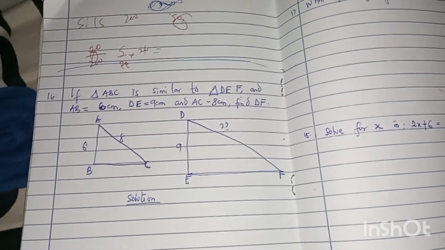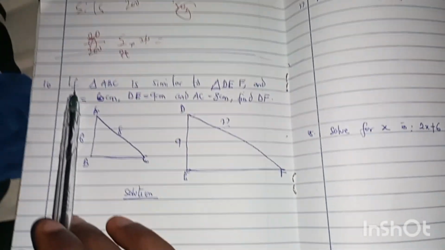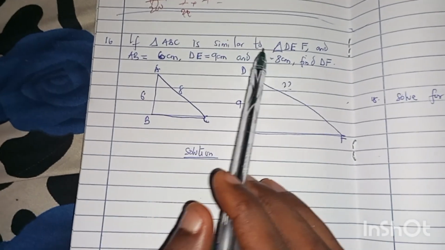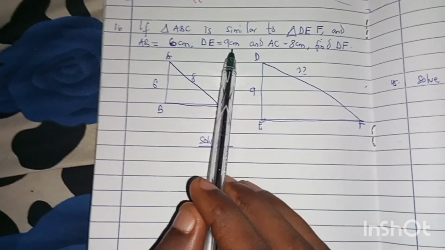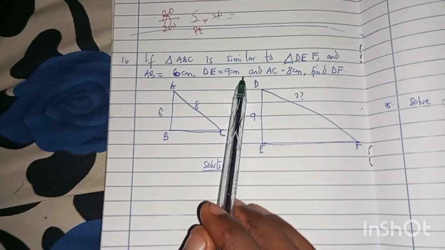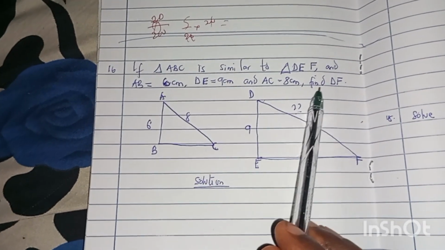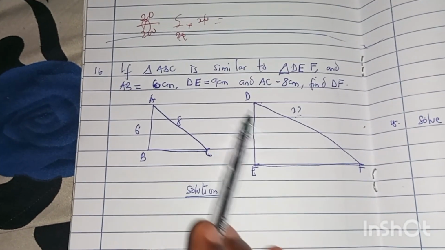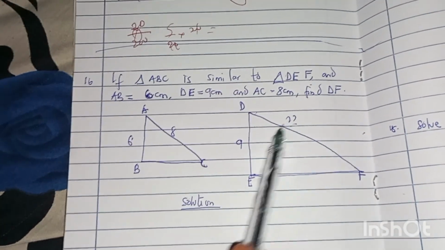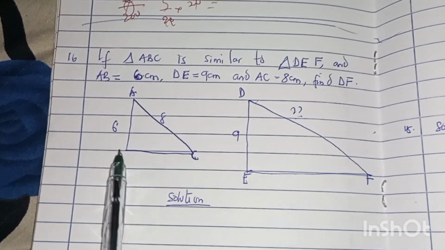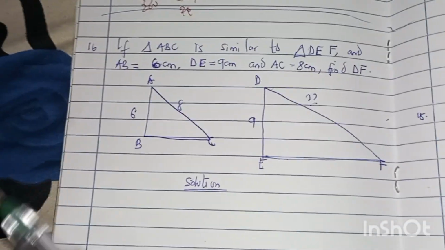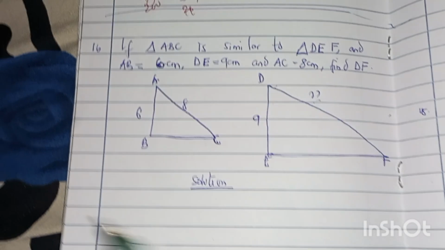Alright guys, so the 16th question. It says if triangle ABC is similar to triangle DEF and AB is 6 centimeters, DE is 9 centimeters, and AC is 8 centimeters, I have to find DF. Okay, you can see the question mark is already there. They are similar triangles, that means the ratio of their corresponding sides will be equal.